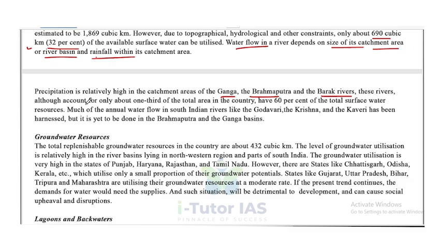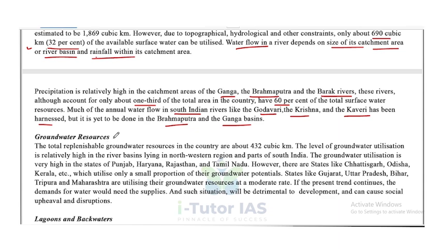These rivers, although they account for only about 1/3 of the total area in the country, have 60% of the total surface water resources. Now, much of the annual water flow in the South Indian rivers like the Godavari, the Krishna and the Kaveri has been harnessed, but it is yet to be done in the Brahmaputra and the Ganga basins.